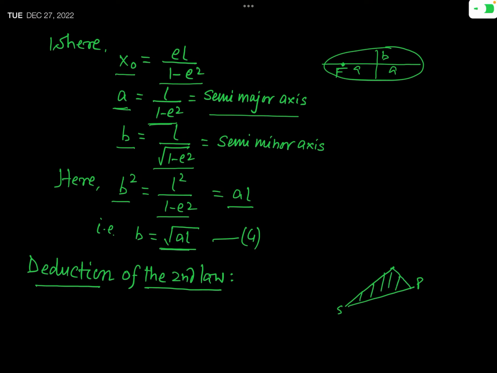In other words, you can also state this law as: the area described by the radius vector per second, which is called the areal velocity of the radius vector, dA by dt, is equal to a constant. This is the second law of planetary motion proposed by Kepler.